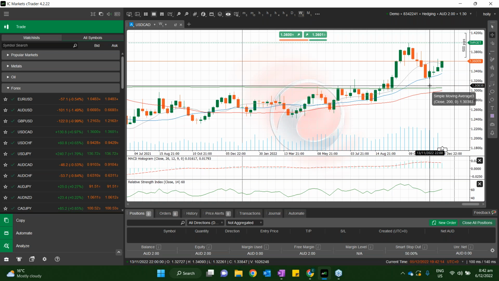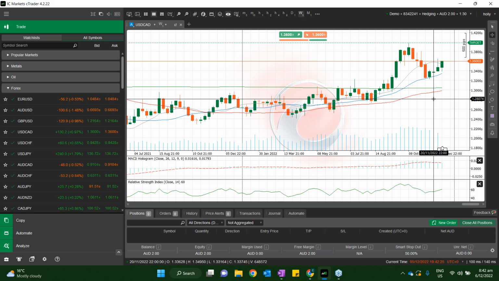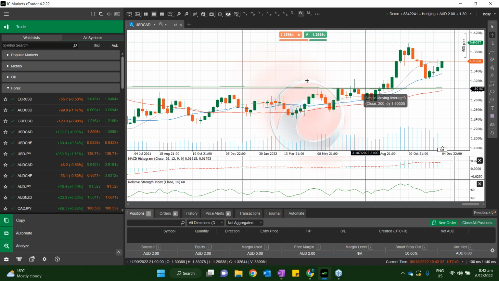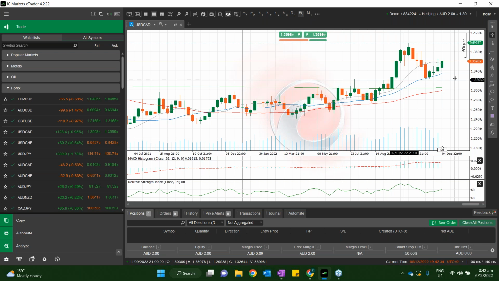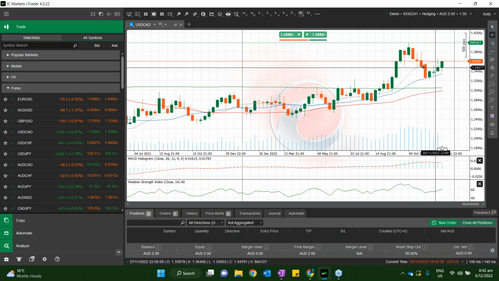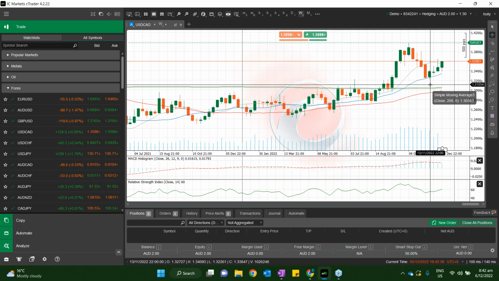So, okay, from the 13th of the 11th, or rather the 20th of the 11th, when that candle finished, any trending above 134 would have been an opportunity. So just even on the weekly chart, you can see where these opportunities start. You can see where they are.